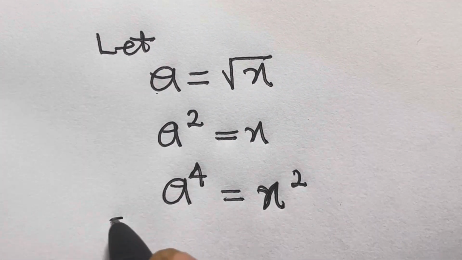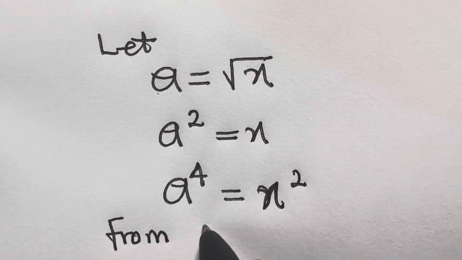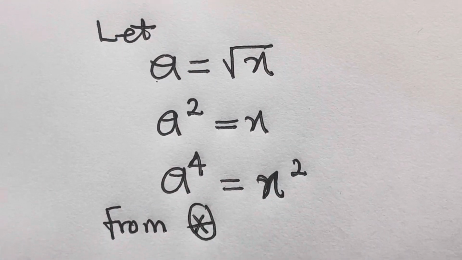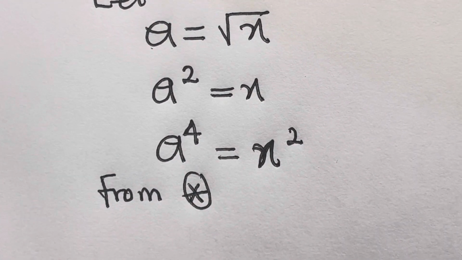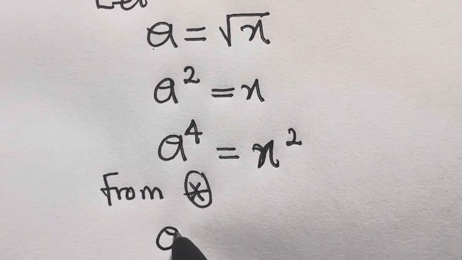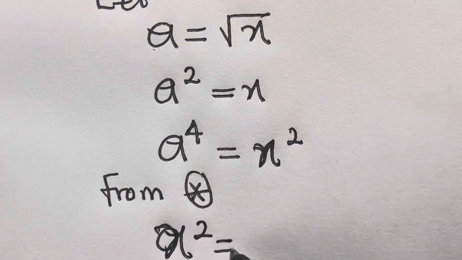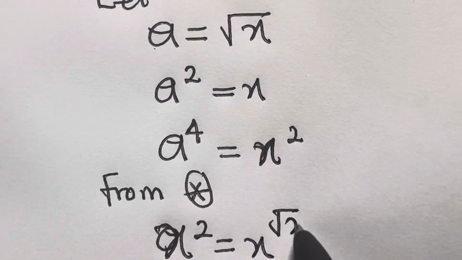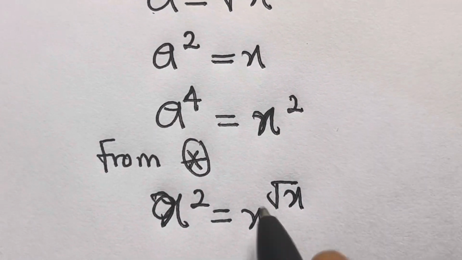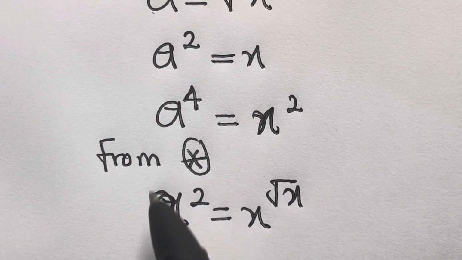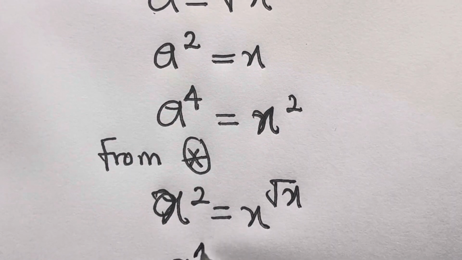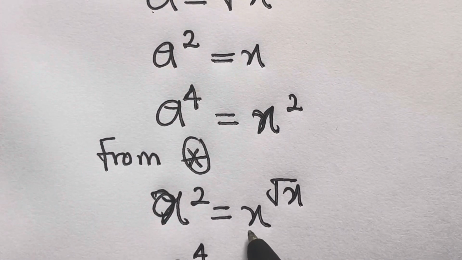So now from equation star, which says x squared equals x raised to power square root of x. What's our x squared? We have a raised to power 4. So a raised to power 4 equals, what's our x?